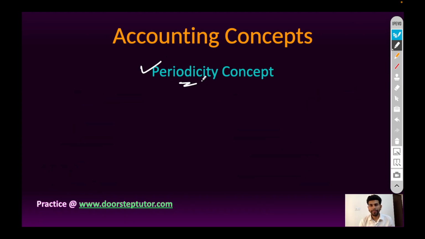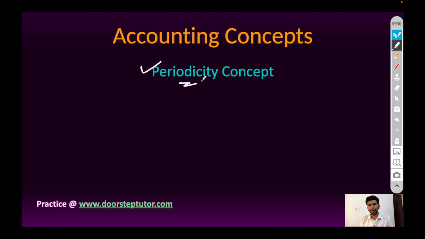Periodicity concept. As we know, the going concern concept states that the business organization is going to continue its operation for a longer period of time and it is not going to close down or liquidate the business in the near future, but the accounts are maintained for a particular period of time, that is for a year.